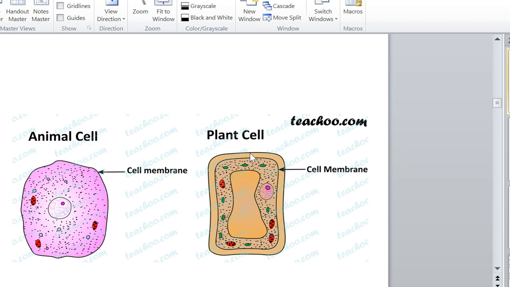Plant cells have the thick one, which is the cell wall, the rigid one, but animal cells do not have a thick cell wall. So, plant and animal cells are surrounded by a cell membrane, but a plant cell also has another layer, called the cell wall, which is rigid and thick.